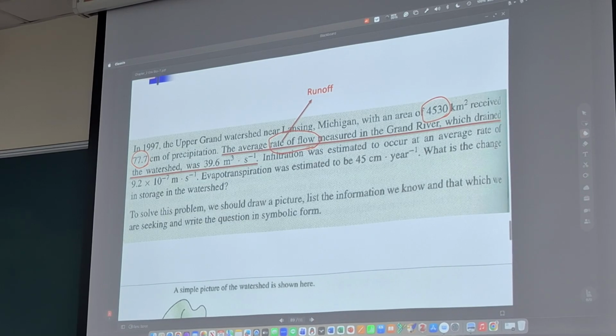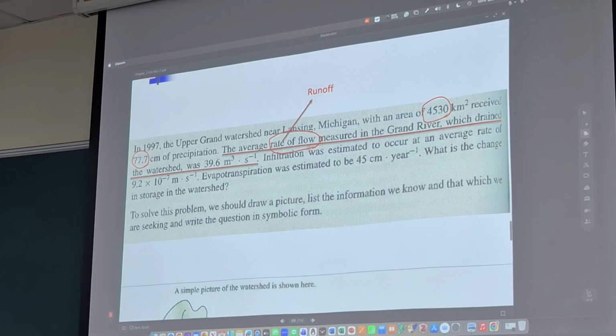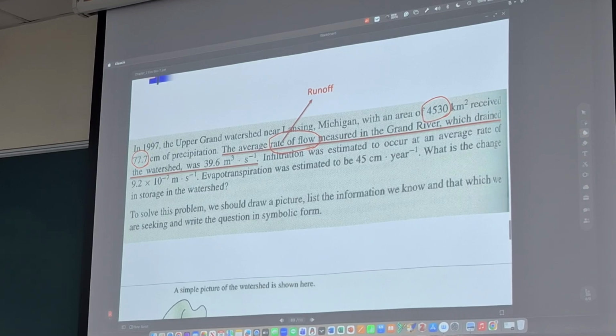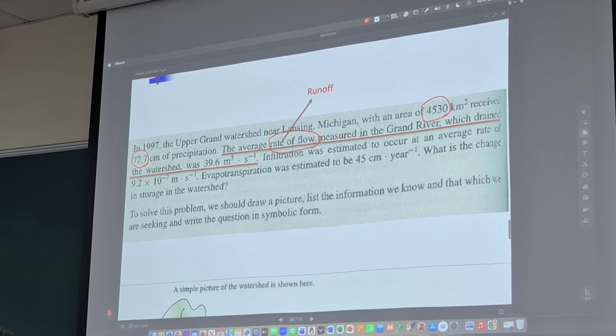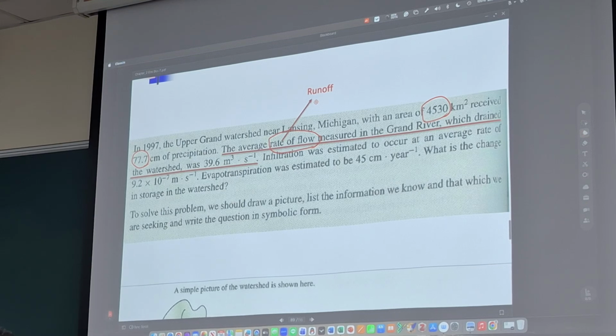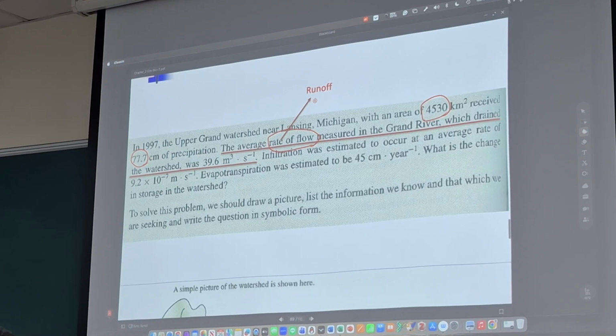Student, rate of flow equals runoff. Lots of students say, oh, I do not understand this question. Actually, rate of flow means runoff. The question doesn't say runoff, but it says rate of flow, and rate of flow is runoff, the water that flows into the rivers and drains away. Understand?